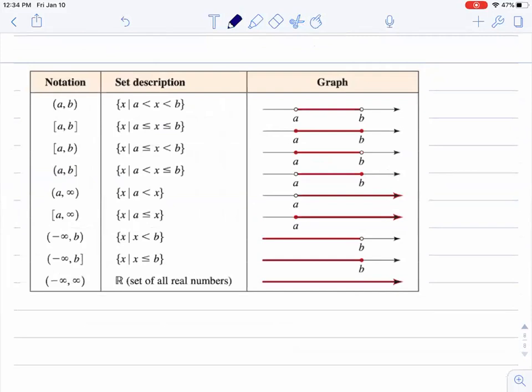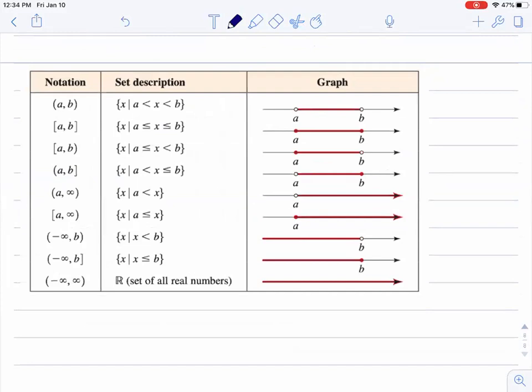On a graph, there's nothing really to do here. It's just a quick summary of what all these things would look like on a number line, right? Remembering that, okay, this is called interval notation.